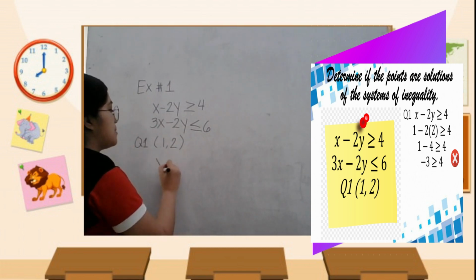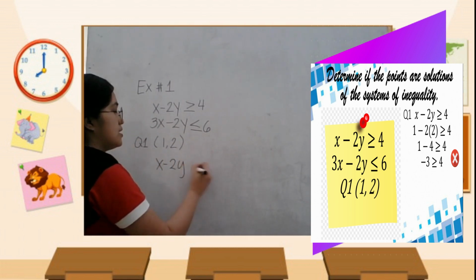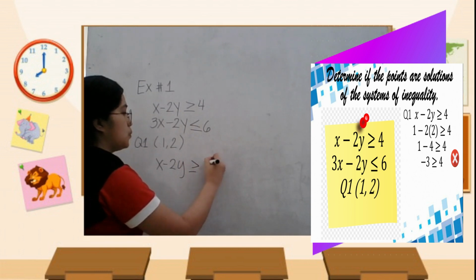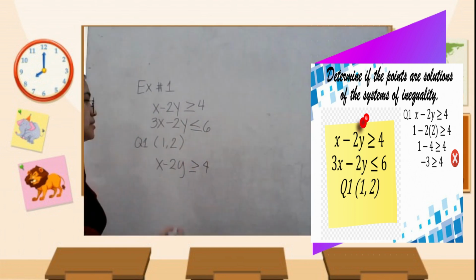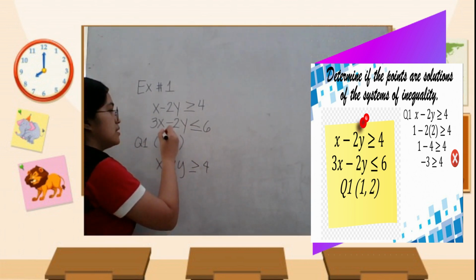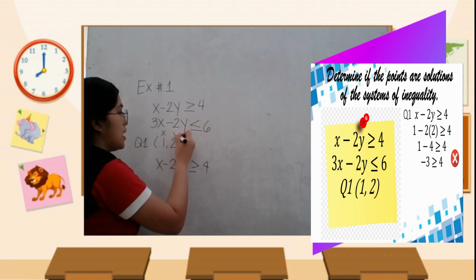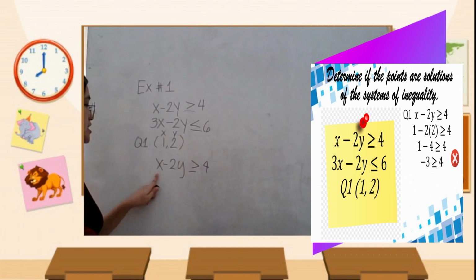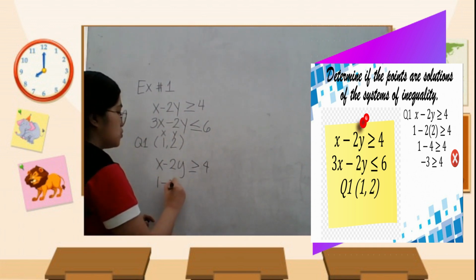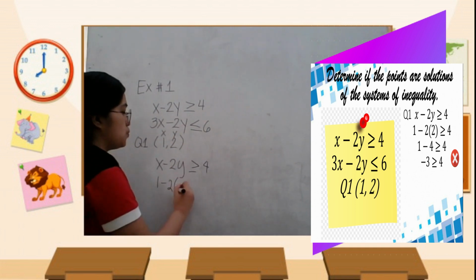So we have x minus 2y is greater than or equal to 4. That means 1 would be the x coordinate and 2 would be the y coordinate. So x here would be 1 minus 2 times the y, which is 2, greater than or equal to 4.